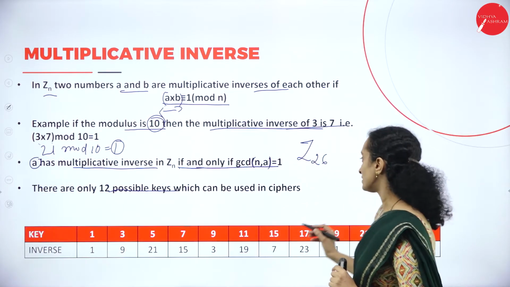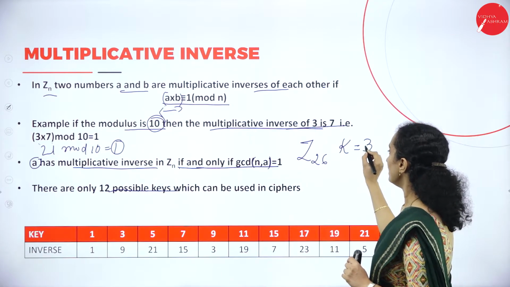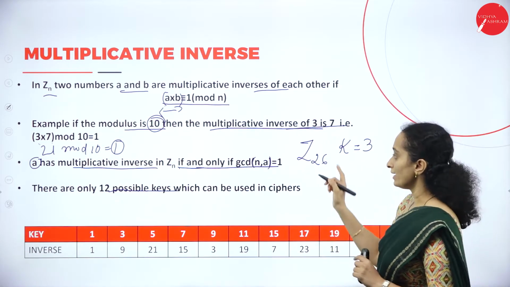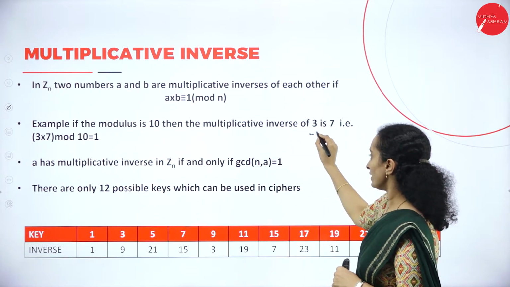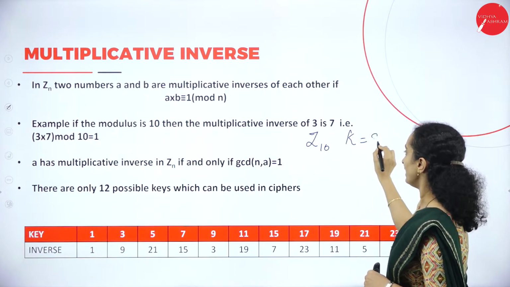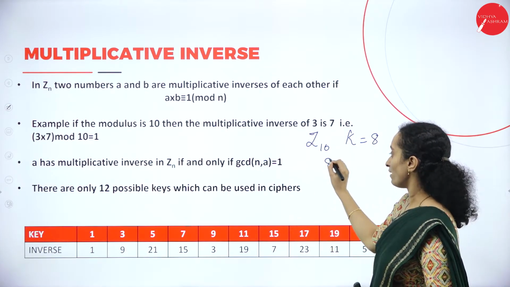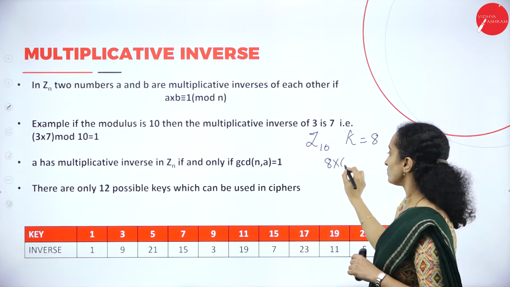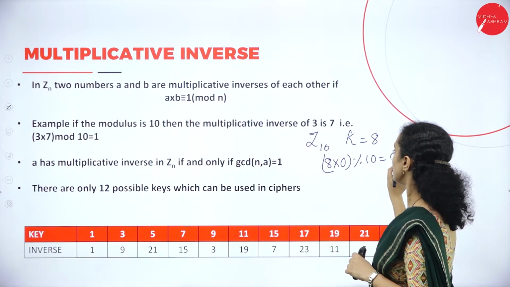Suppose you take the same modulus Z of 10 and the key is 8. What is the multiplicative inverse of 8? You have to check with each of the numbers from 0 to 9. 8 into 0 modulus 10 will be 0 only.